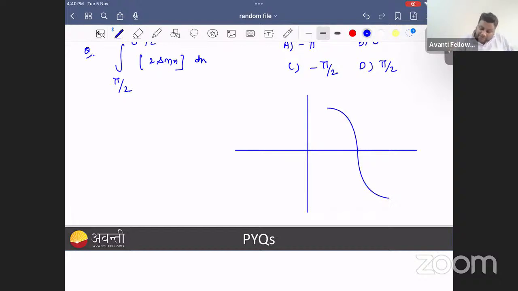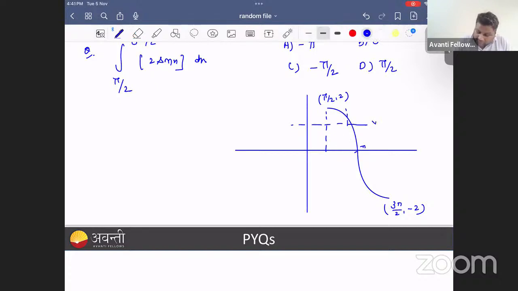This is the graph between pi by 2, value will be 2, and then it will be pi, then it is 3 pi by 2, comma, minus 2. Got it? So in this interval, somewhere it will be 1 also. Like as I assume here.